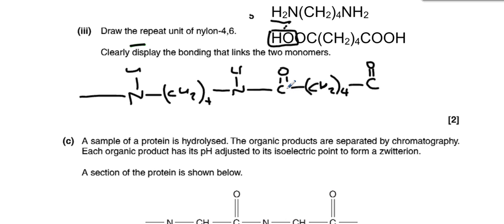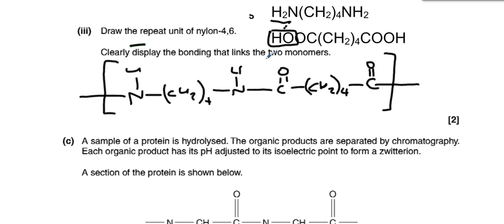It's the monomer here which has lost an OH, and it carries on to form the bond which would come and form the next one with the nitrogen. Square brackets around, and there you have your two marks. What it's asked you to do is clearly display this bond, so I have here clearly displayed it.